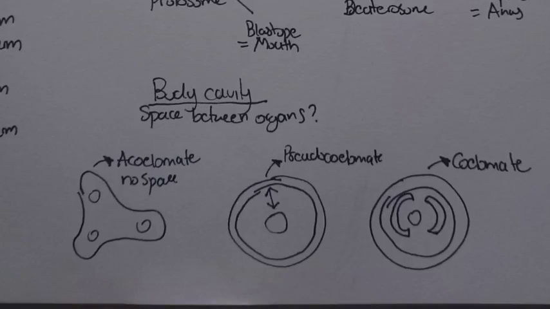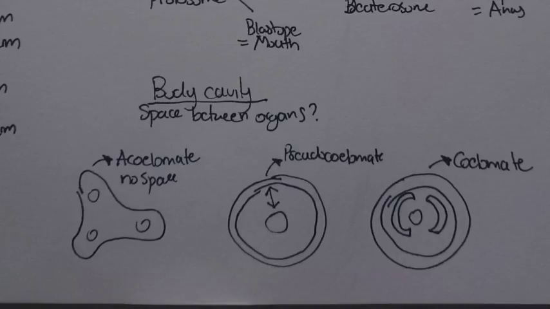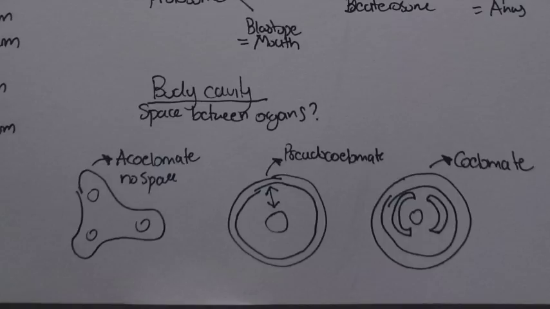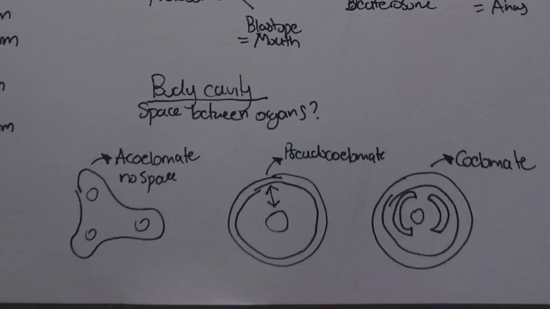So if you think an ectoderm and an endoderm as one layer, and then the mesoderm as another layer in the middle, and between them there's a huge space. It's still held in place, but there's a huge space. I hope you understand that. And then there's coelomates, which are pretty much opposite of pseudocoelomates, so that their coelom hold the organs in place.